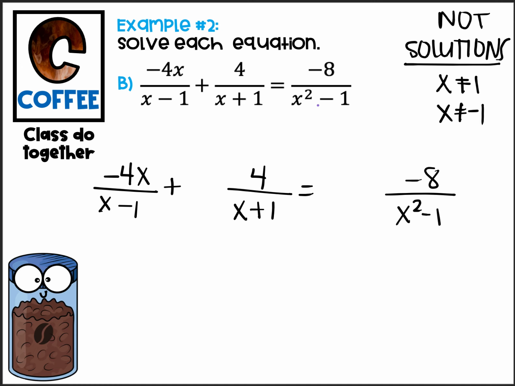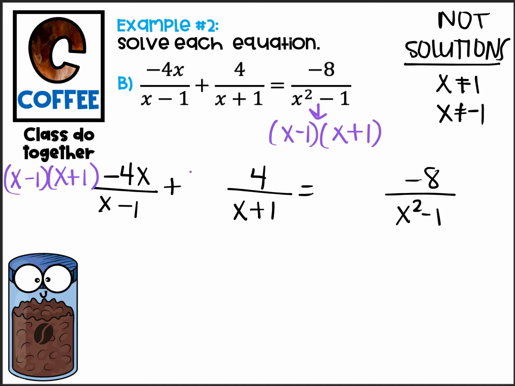And I'll use the factor form so I can see which one I'm going to be reducing. Remember, x squared minus 1 is a difference of squares, and I can factor it out as x minus 1 times x plus 1.